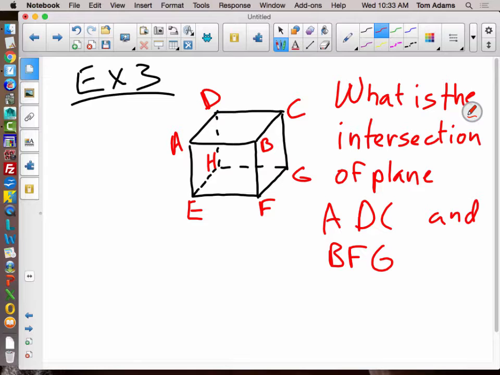Well, first of all, what are we going to have for an answer based on our postulate? Should be a line, or a line segment in this case.